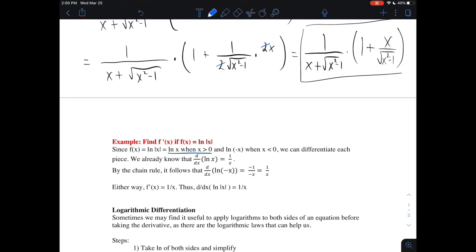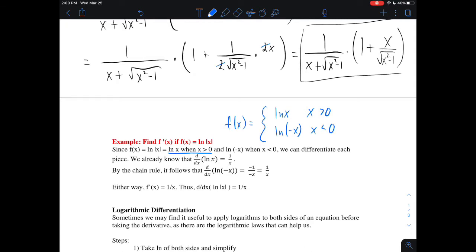We can think of this as a piecewise function. So really we are thinking of f of x equal to natural log of x for x positive and natural log of negative x for x negative.